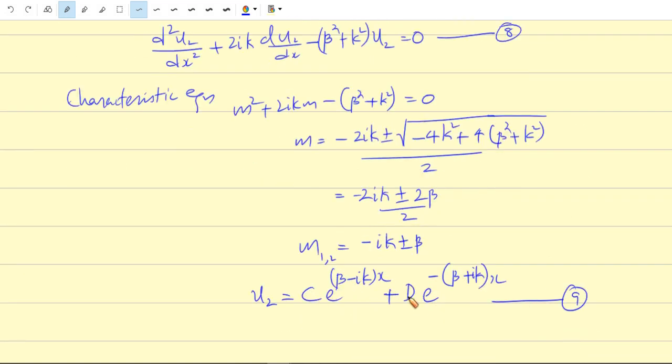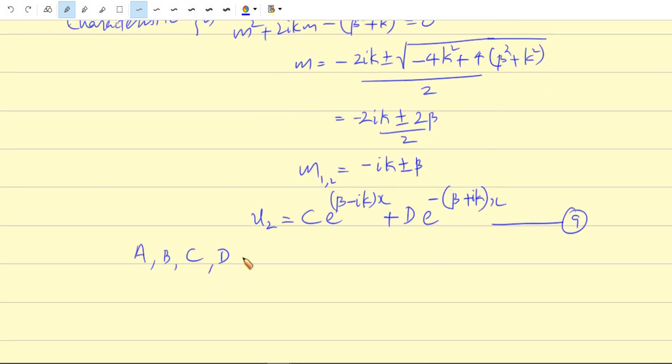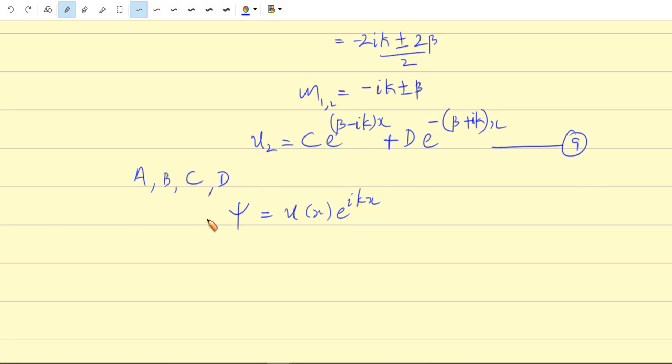Here C and D are constants, so we have 4 constants A, B, C and D. Once you know U1 and U2, we can write psi is equal to U of x e raised to ikx. When U1 and U2 are wave functions, they must be continuous and periodic.